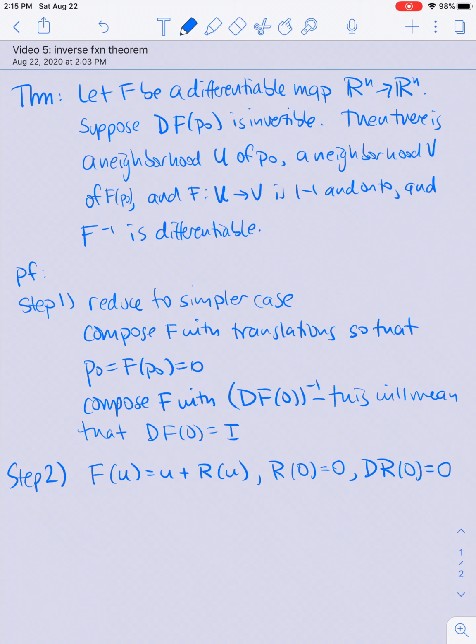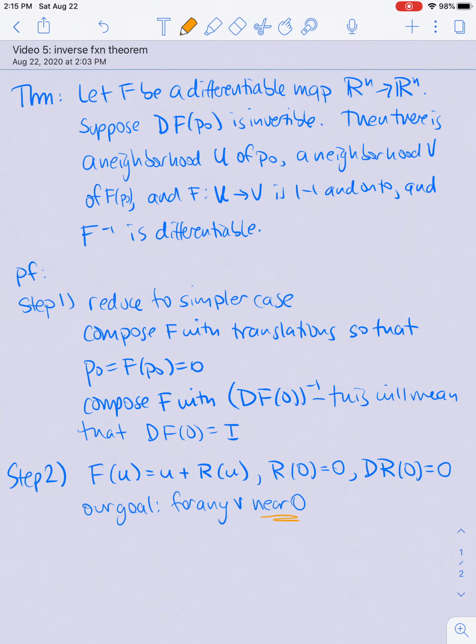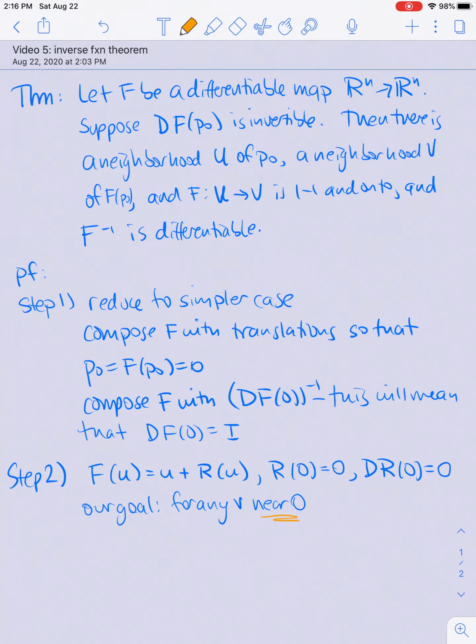And our goal is for any v near 0. So v being near 0 corresponds under all of these simplifications of step 1 to v being in this neighborhood v of f of p0. So our goal is for any such v to solve the equation f of u equals v for some u.